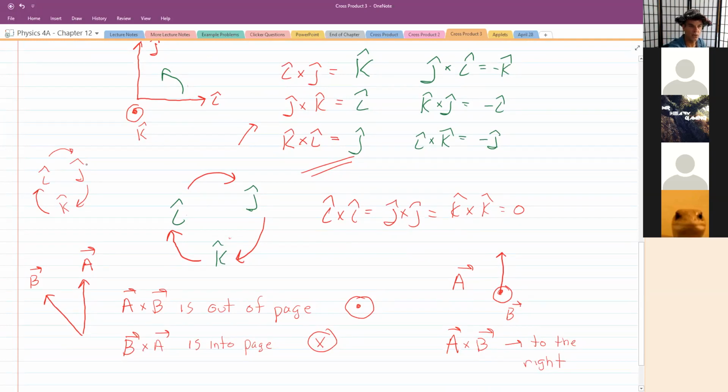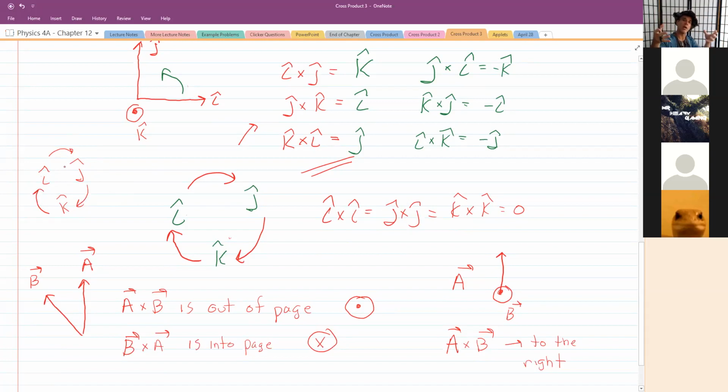So i cross j is positive k. j cross k is positive i. k cross i is positive j. And if I go in the opposite direction of the arrows, j cross i would be negative k, i cross k would be negative j, and k cross j would be negative i.